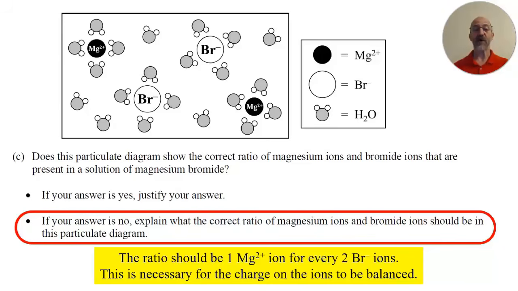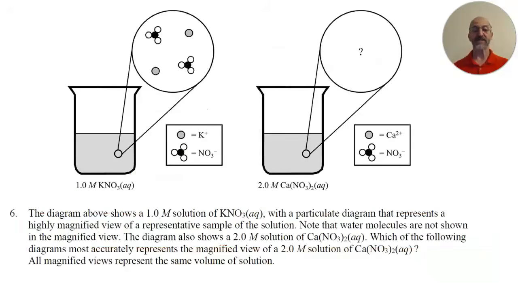We have another particulate representation of solutions. Now let's take a look at question 6. In question 6, it says the diagram above shows a 1 molar solution of potassium nitrate with a particulate diagram that represents a highly magnified view of a representative sample of the solution.